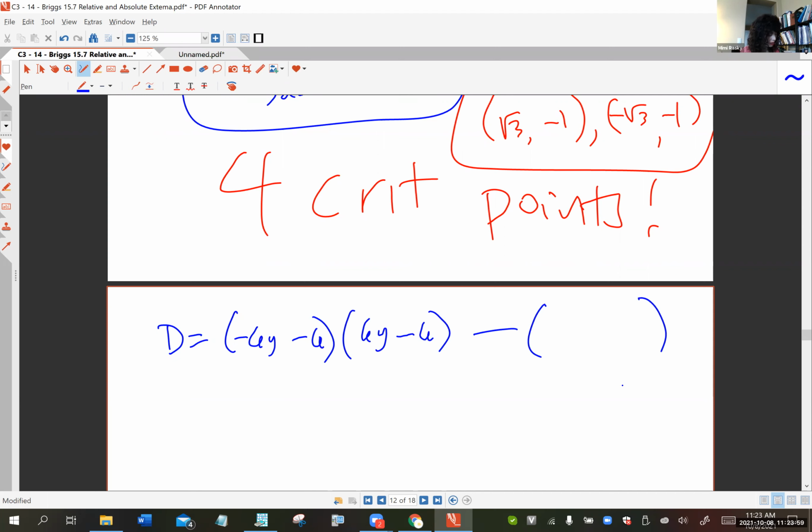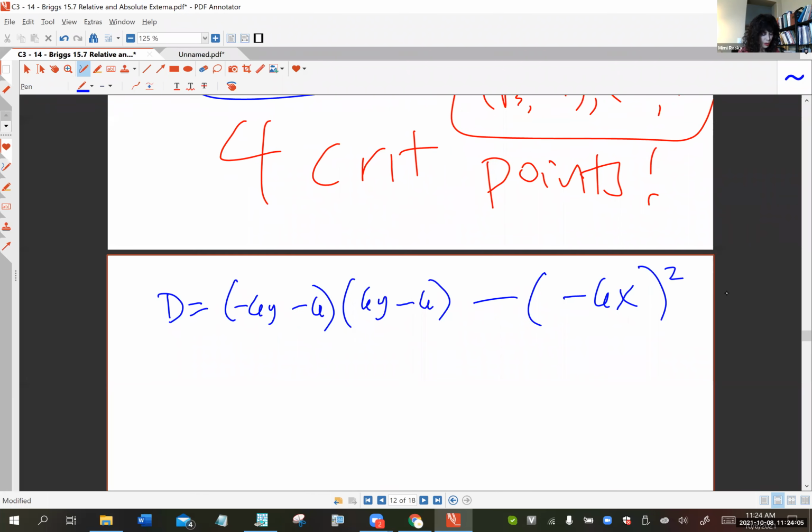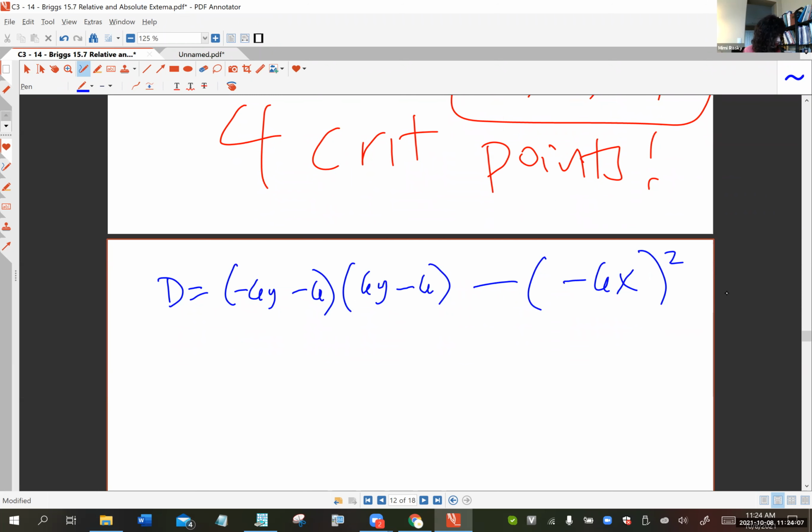So I get 6x squared. Okay. So there's your D. So I'm just going to cut to the chase. Here's the deal. Because I know we're running a little short on time and I still want to do word problems. So what happens when you evaluate D at the point (0, 0)?